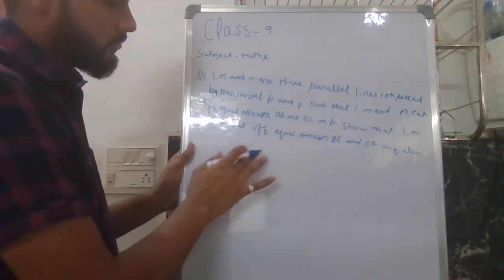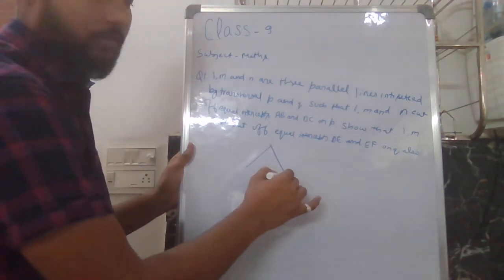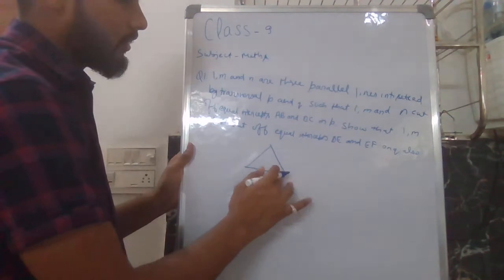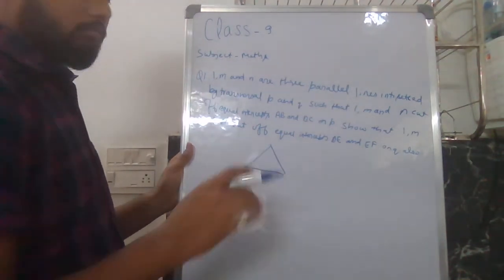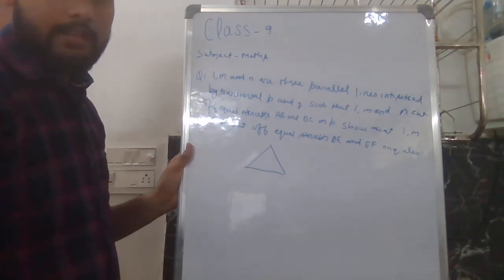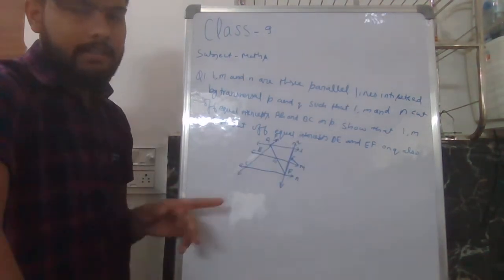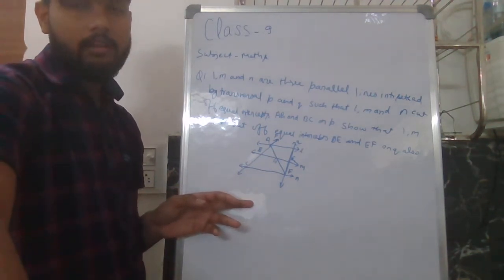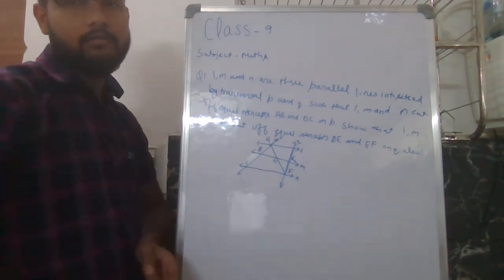Oh, wait a minute. Here I think the whiteboard is visible to everyone. So first I will make one triangle. After that we will see the intersecting lines. Very good.